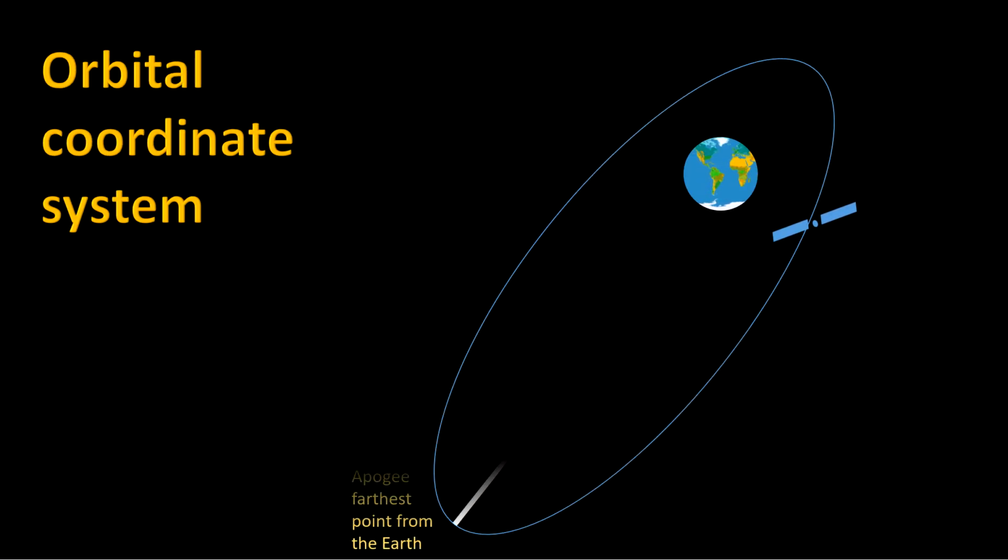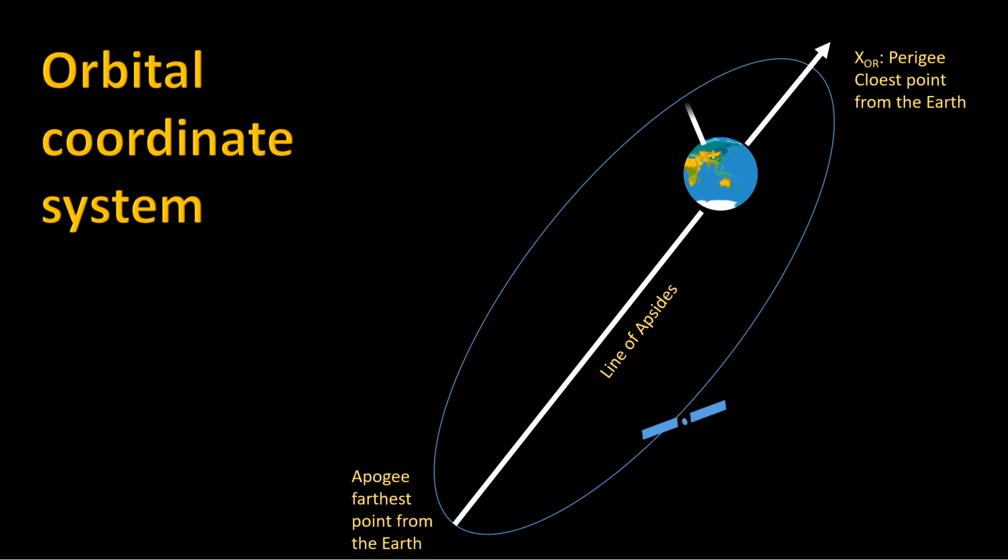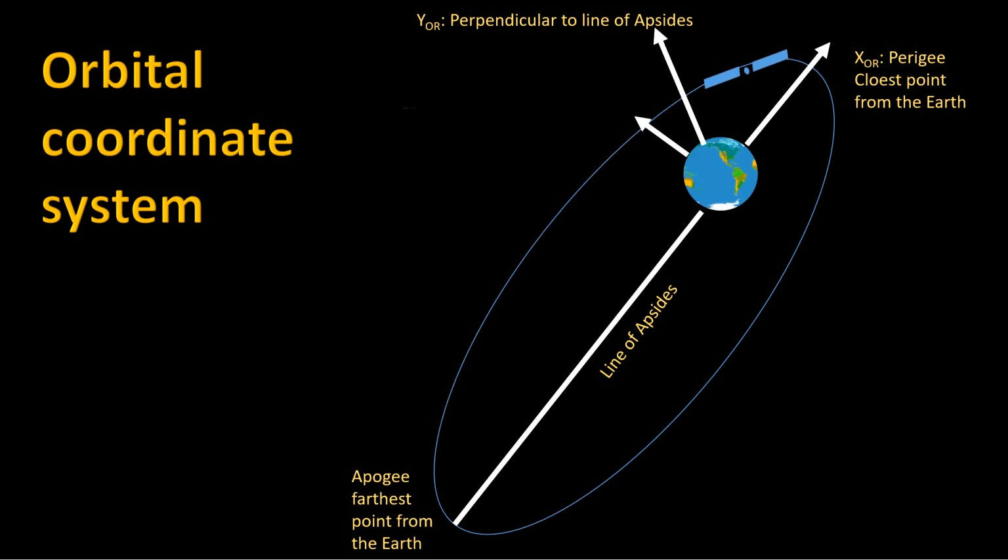And here the goal is to show the position of satellites with respect to this Earth coordinate system. Now I define the orbital coordinate system. Consider the orbital ellipse. The farthest point from the Earth is called apogee, and the closest one is perigee. The line passing through these two points is called the line of apsides. The x-axis is defined along this line of apsides, and the z-axis is perpendicular to the orbital ellipse, or both of these axes.